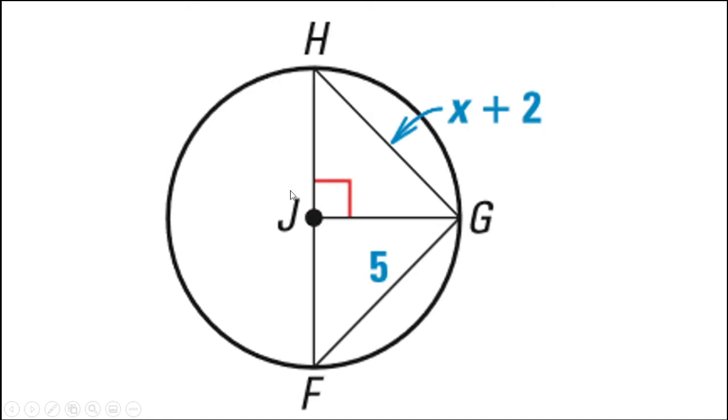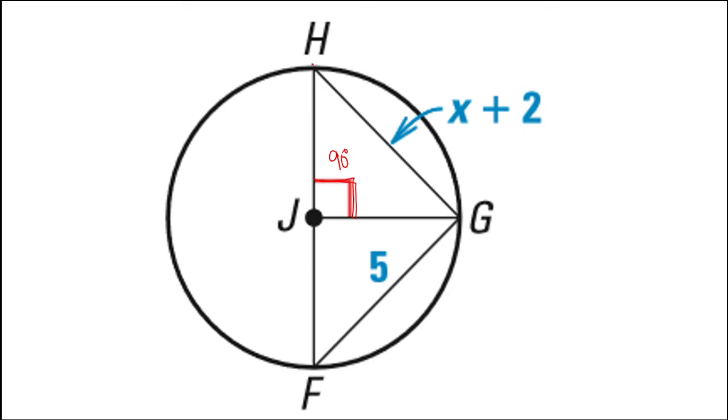Next, how about this? There's no symbol, but you have the given clue, which is HF is a semicircle. Okay? Now, as you can see here, meron tayong symbol na square dito. Pag may symbol na square dito, ibig sabihin, 90 degrees ito.